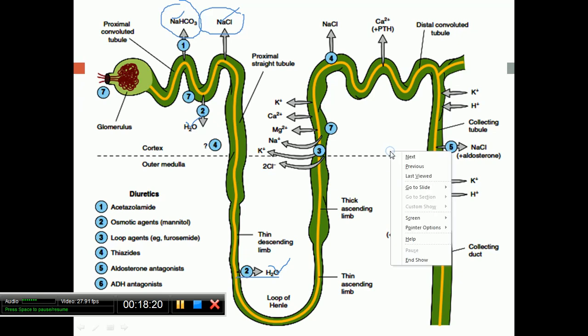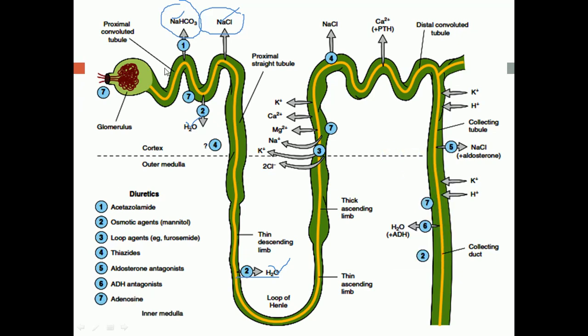So well, all these, for example, here you can see on this segment, the proximal convoluted tubule, acetazolamide acts and causes diuresis.